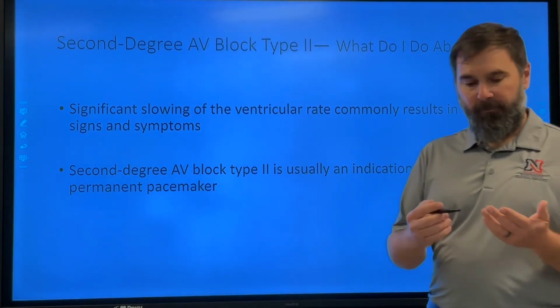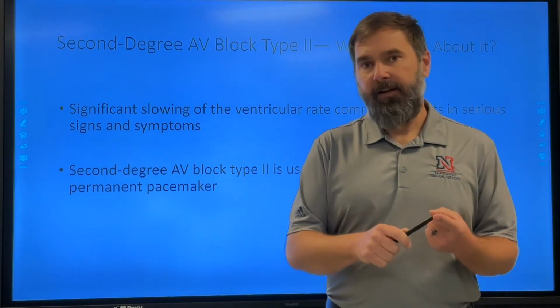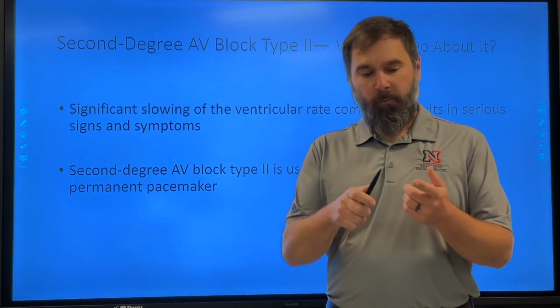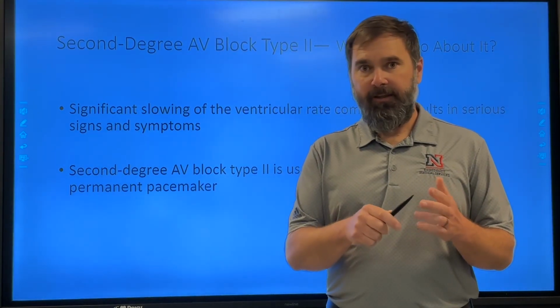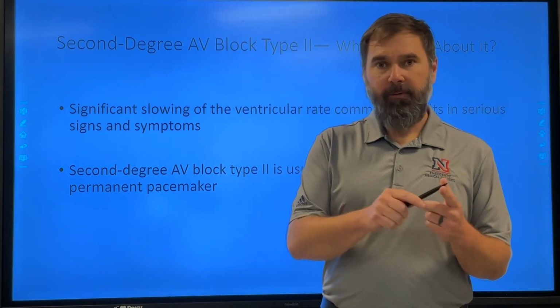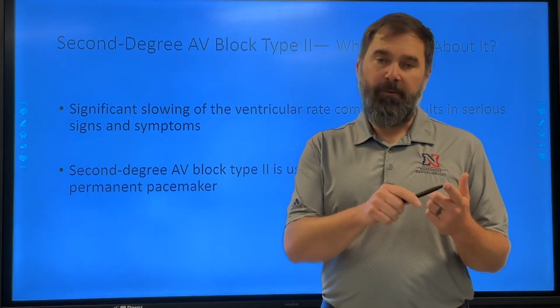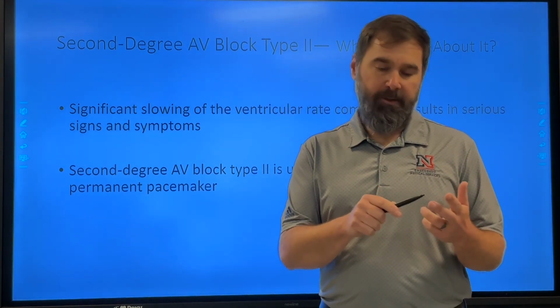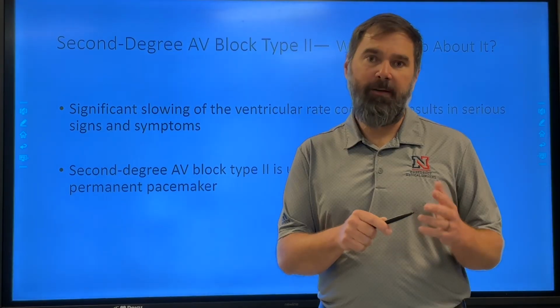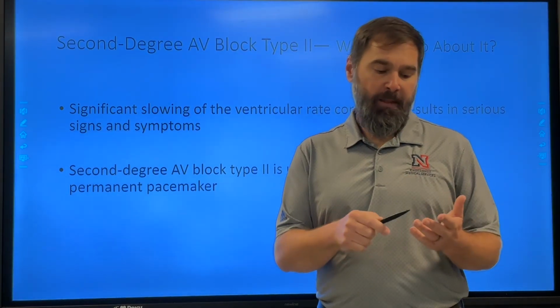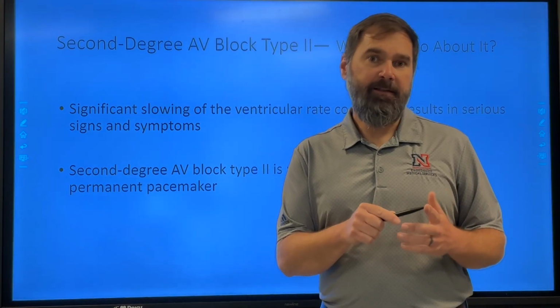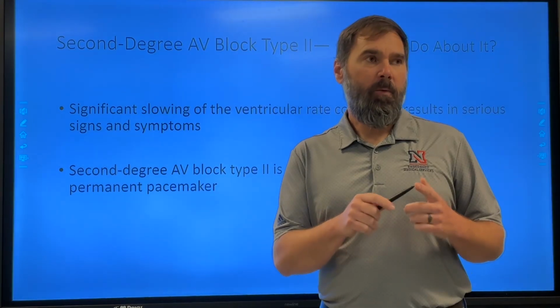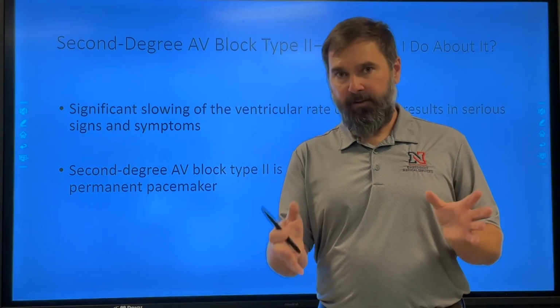So again, let's review. What do we have? Secondary type 2: you have one P wave, and the P waves are upright. You have QRS complexes, your P to P intervals are regular, and your R to R intervals are irregular because we have randomly dropped beats. You have this constant, same PR interval when the conduction occurs.